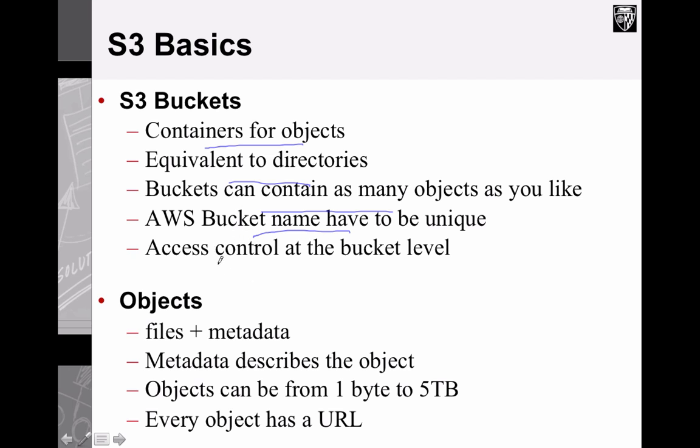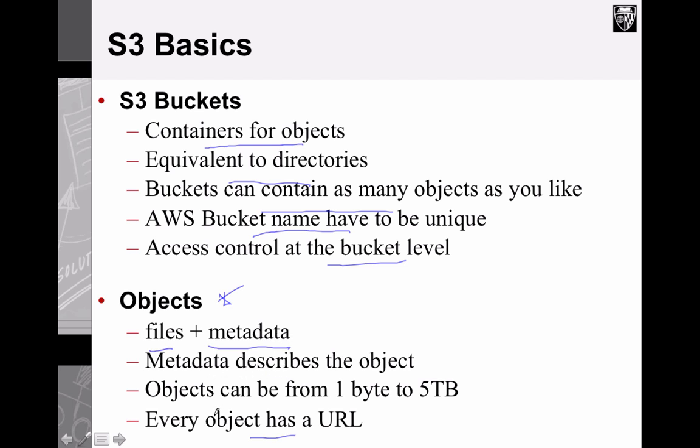The buckets have access control. You have the ability to control access either at the bucket level or at the object level. The objects, like we said, hold the file, the data that you want to upload. In addition to that, they have something called metadata. The metadata describes the object.